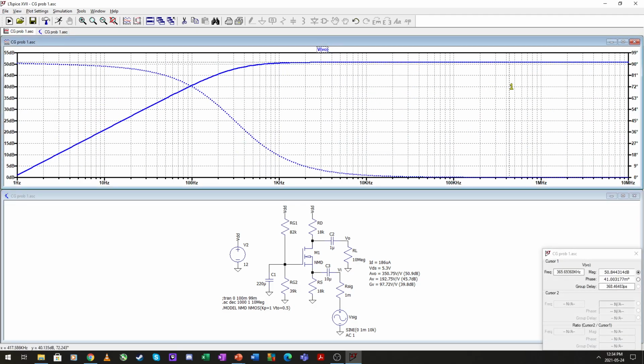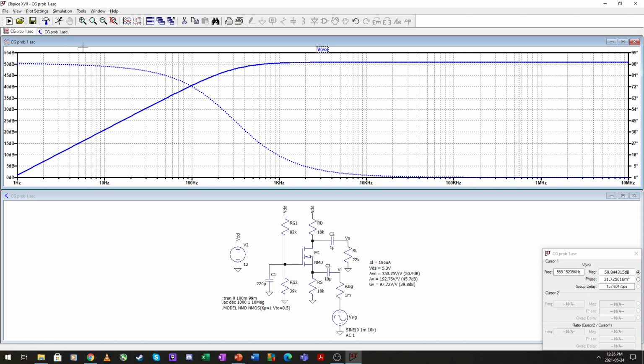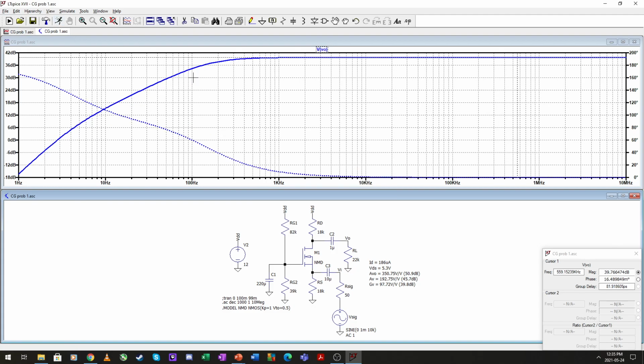So this is our maximum gain at 50.8 dBs. Make this 22 kilo ohms. This is our loaded gain at 45.7, and then with a matched input, it should drop with 6 decibels, 39.7, 39.8 ish dBs.